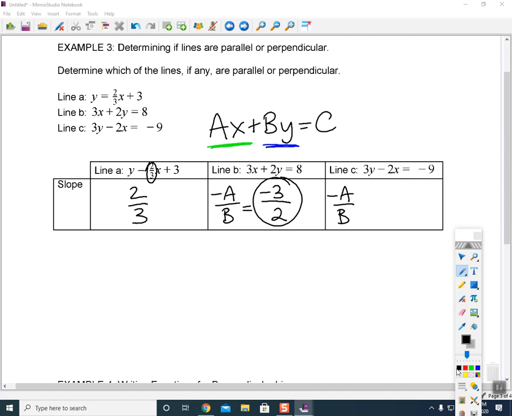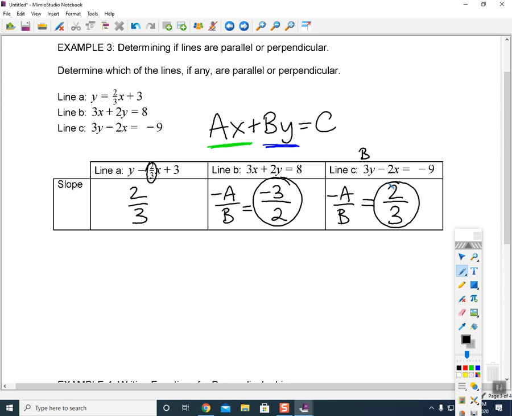So here I have 3y minus 2x equals negative 9. Well, it would be tempting to say that my a value is 3 because it comes first. But my 3 is paired with my y, so this is actually my b value. So my a value is negative 2. So the opposite of negative 2 is a positive 2 over my b value is 3.